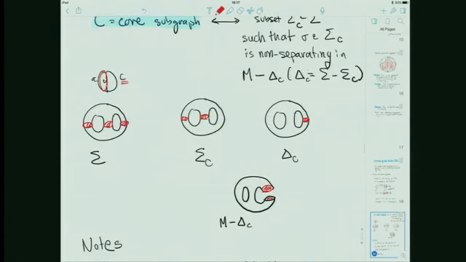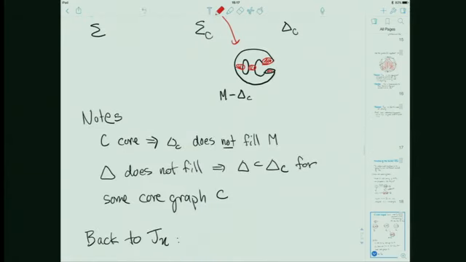That means that none of these spheres, when I look at them in this cut open guy, are separating. That corresponds exactly to the core graph not having any separating edges. So anyway, I can interpret core graphs in terms of sphere systems. If I have a core graph, then what's left over doesn't fill the manifold.